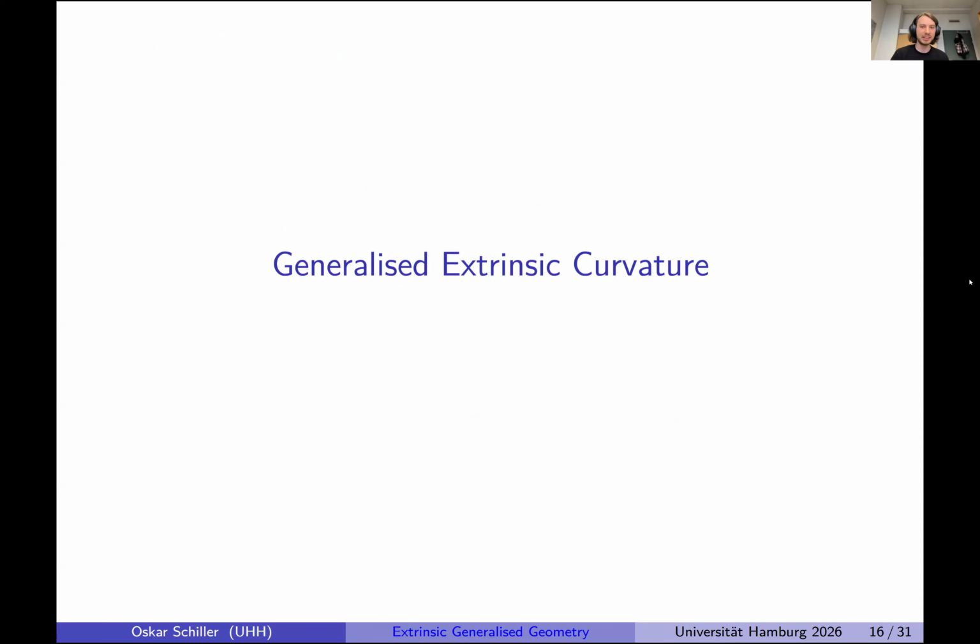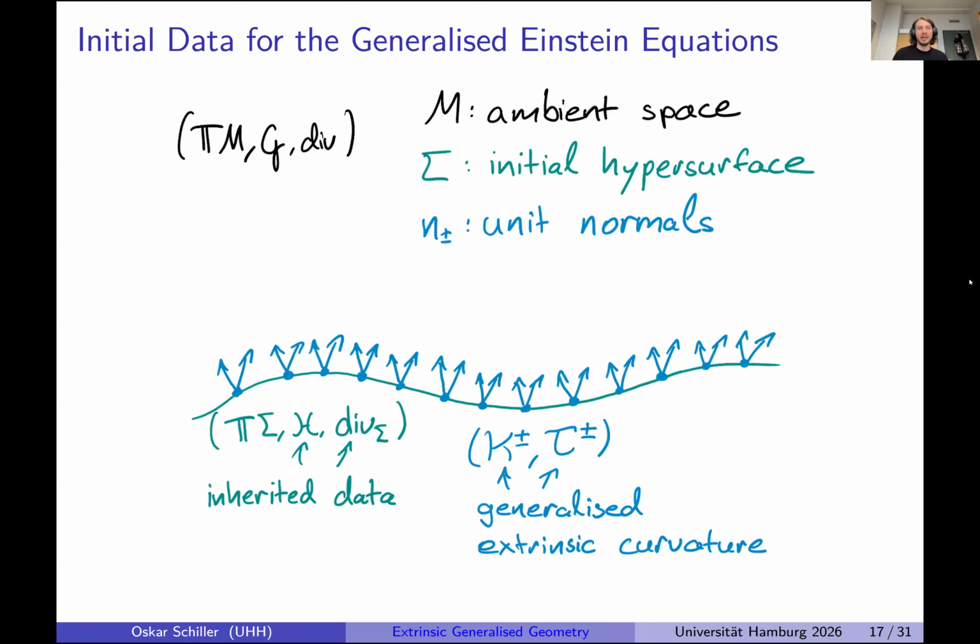Okay. And now knowing about this inherited geometry, we can define generalized extrinsic curvature. So just to give you a picture of what we're doing: we're considering this ambient space, and now we want to consider the situation that the submanifold is a hypersurface. This will simplify many things.